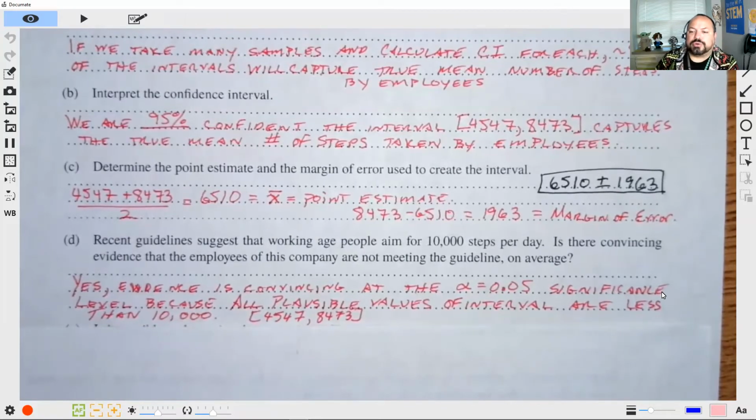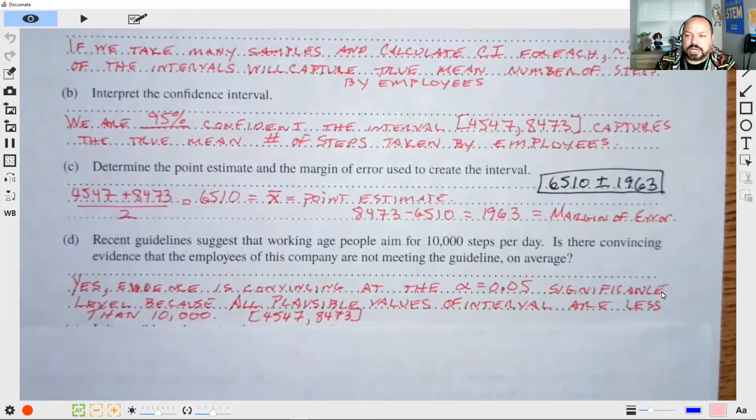Always look to include context, and always include your support in your responses. If my value is in the interval, it's plausible, it's not convincing. If my value is not in the interval, then we would say it's convincing at the particular level that we decided upon to build the interval.